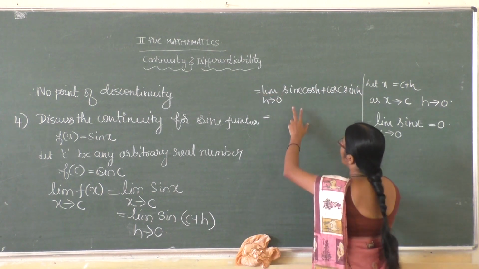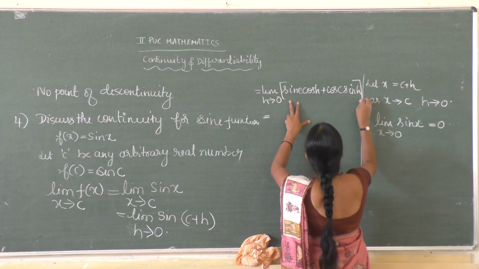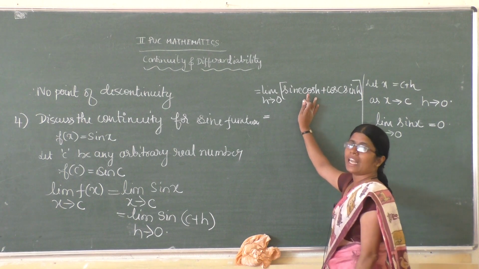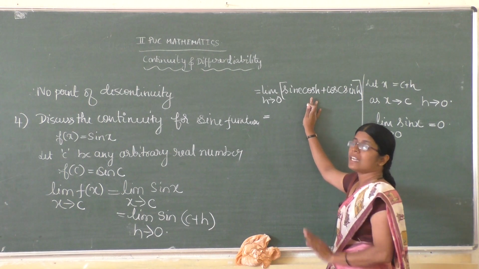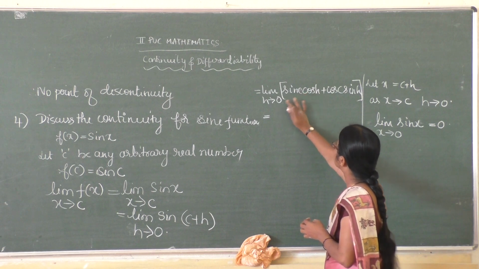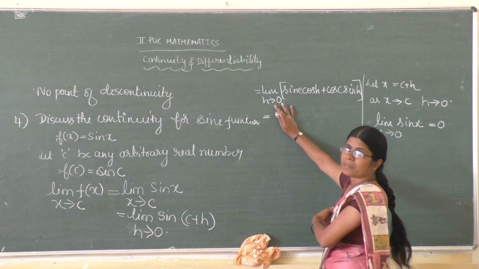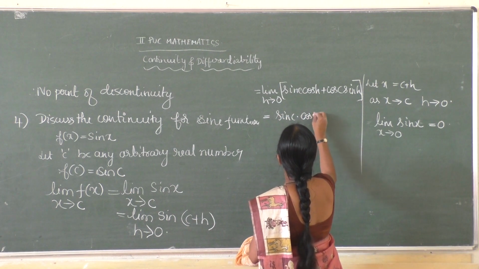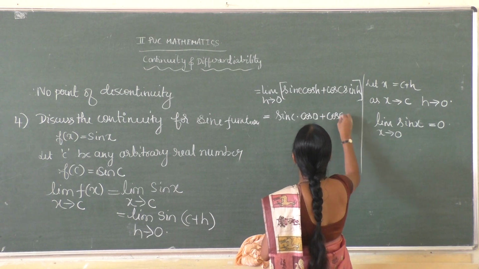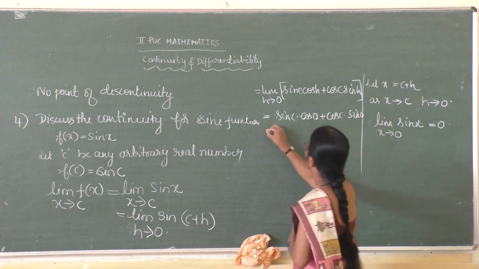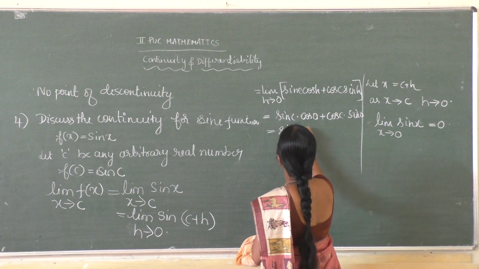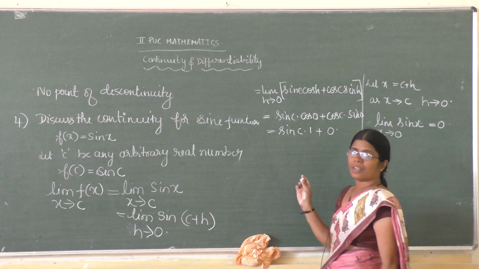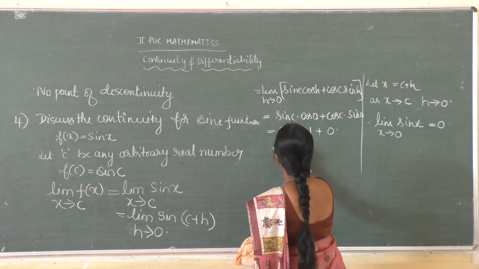Now all of you know the algebra of limits. That is, the limit of a sum of functions is the sum of the limits. So in place of h, we can directly substitute 0. So this becomes sin c into cos 0 plus cos c into sin 0. We know that cos 0 is 1, and this term is equal to 0 because sin 0 is 0. So we get sin c.